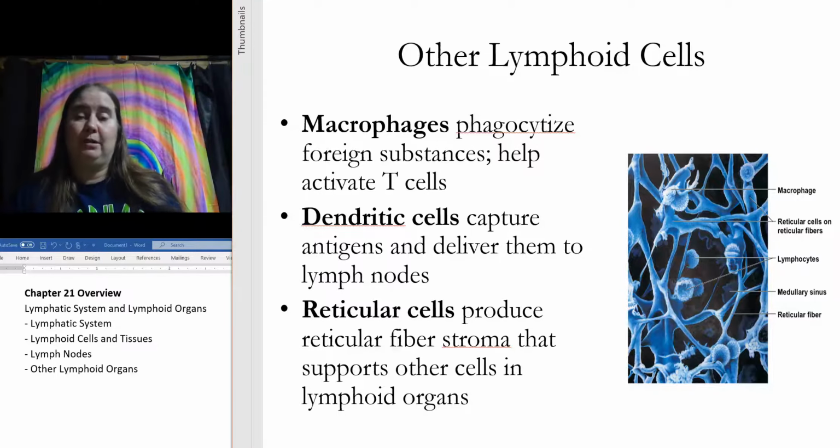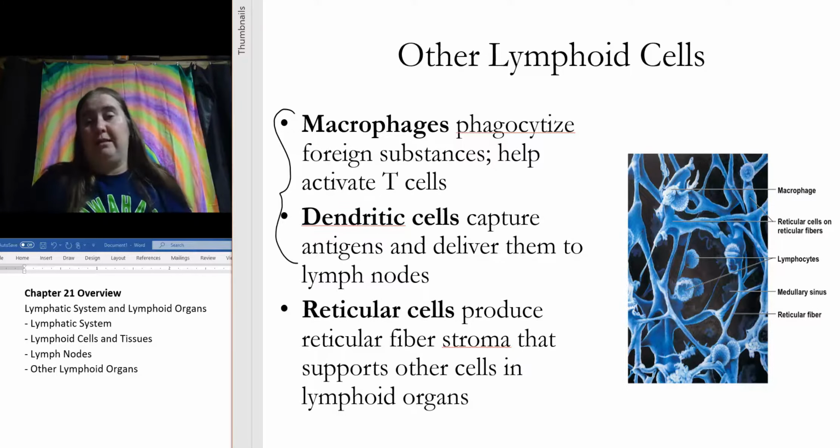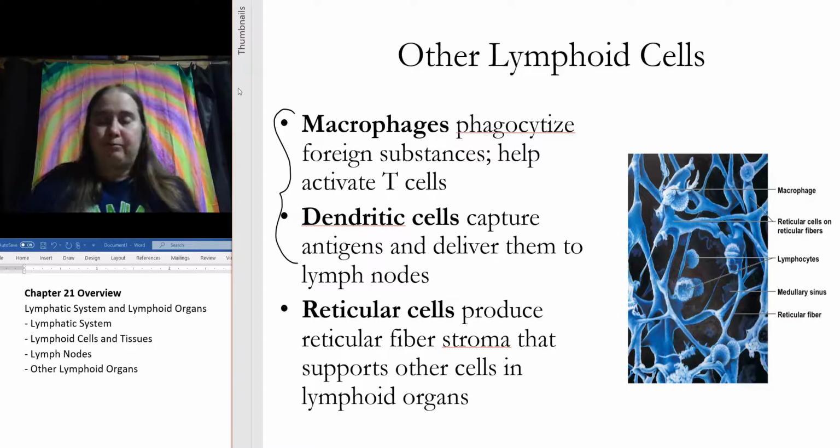These two here, our macrophages and our dendritic cells, are really involved in an active fight, or part of the immune system response. However, our reticular cells, which are really important as well, are not necessarily involved in the immune system response. They're more involved in providing the scaffolding within the lymphatic system where all these cells are able to reside.